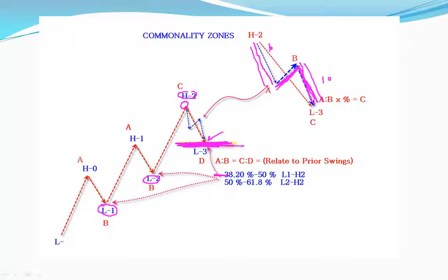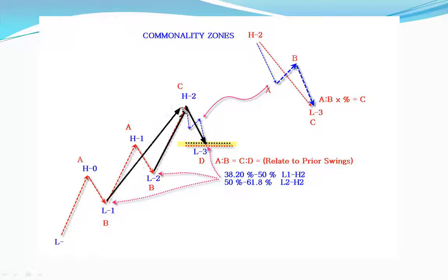All right, so let's look at this again. So we're identifying that retracement. We know that the last swing down is based on this swing down and this swing down, right? This whole area is the same as this.